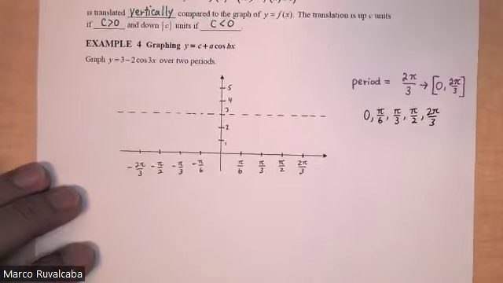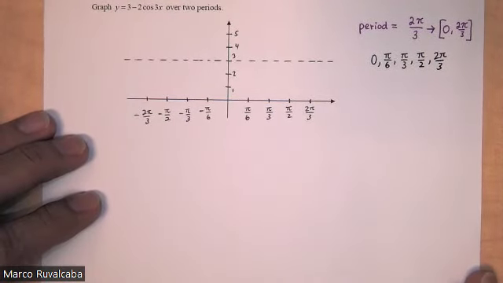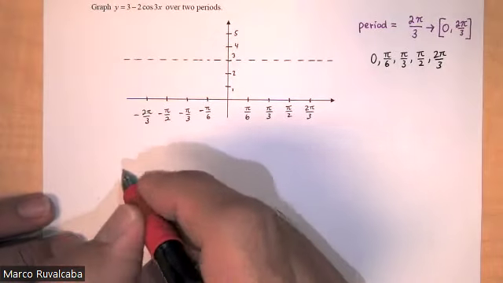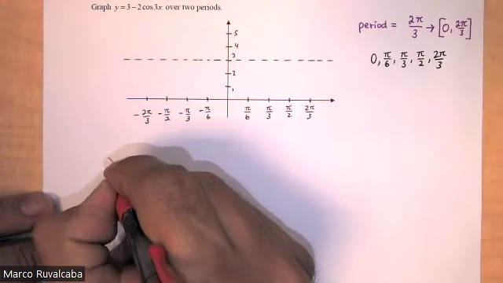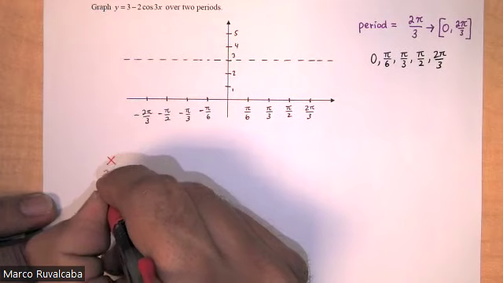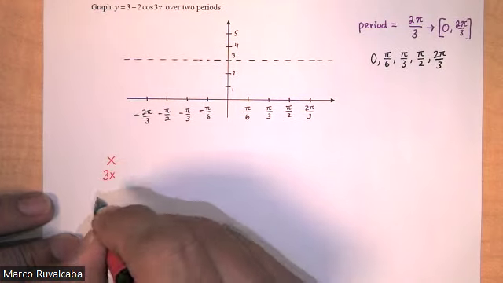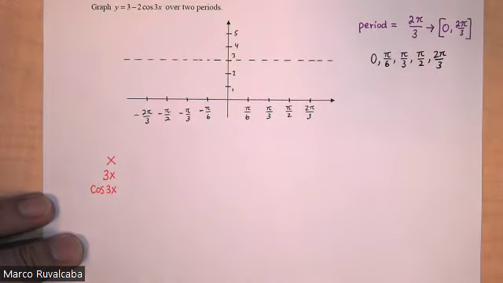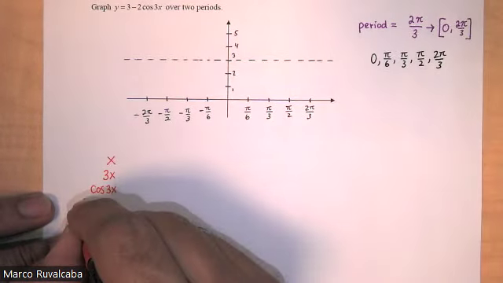And then just as a reminder, let me do the table for this one too. So we're going to start with our general one, x, and then we're going to multiply that by 3. Then we're going to take the cosine of that, and then we're going to double that.